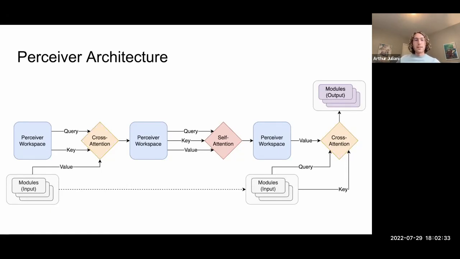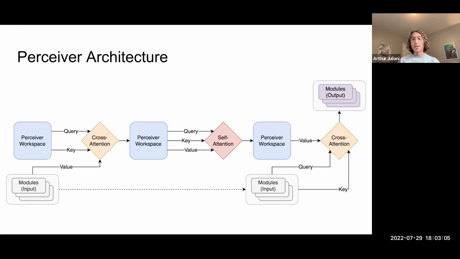So here we have a high-level overview of the perceiver architecture, where there is some set of modules, as well as a latent space, or here we're referring to it as a perceiver workspace. And there are two main computational components, cross-attention, which is utilized for reading information from the set of modules into the workspace, and then self-attention, which is utilized for recurrently processing information within the workspace.